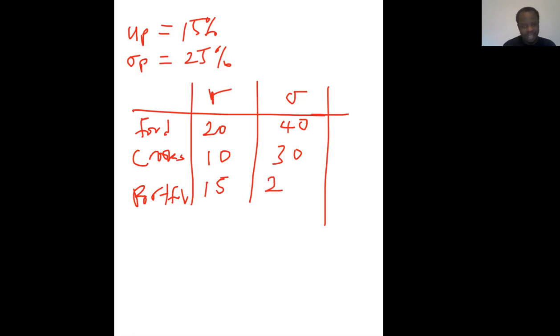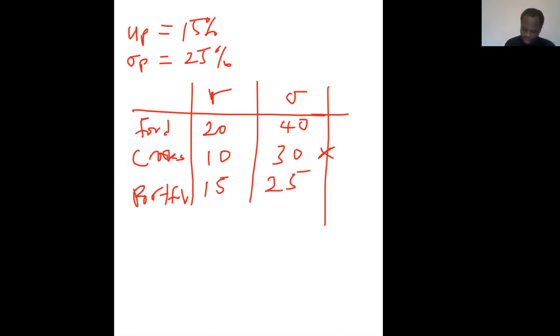So the question is asking, given your answers to part A, is investing all your money in Molson Coors stock an efficient portfolio of these two stocks?